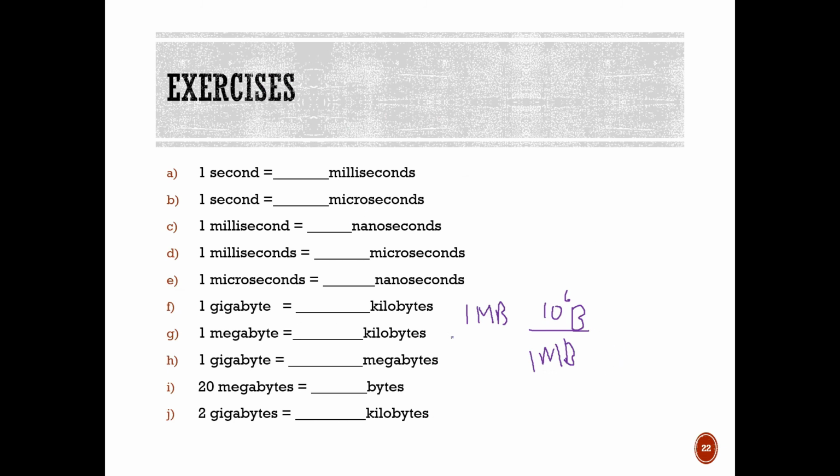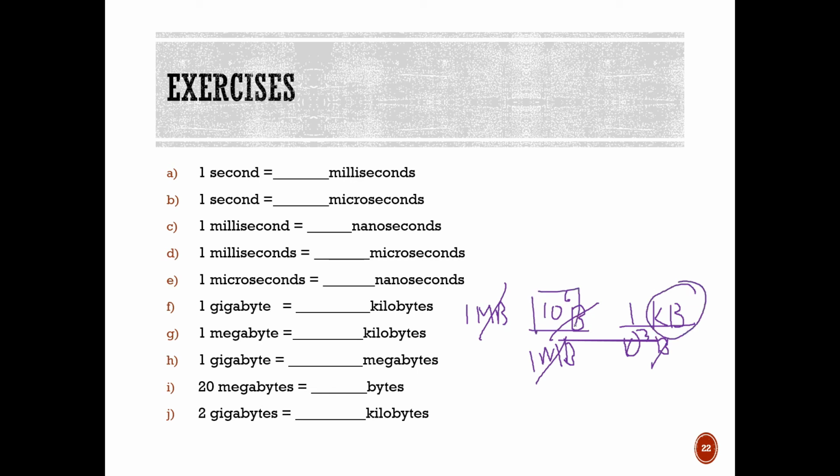So, how many bytes are in a kilobyte, since we want to convert into kilobytes? It'd be 10 to the 3rd bytes in 1 kilobyte. So we make sure these conversions properly cancel out. The megabytes cancel out, the bytes cancel out, and we're left with kilobytes.